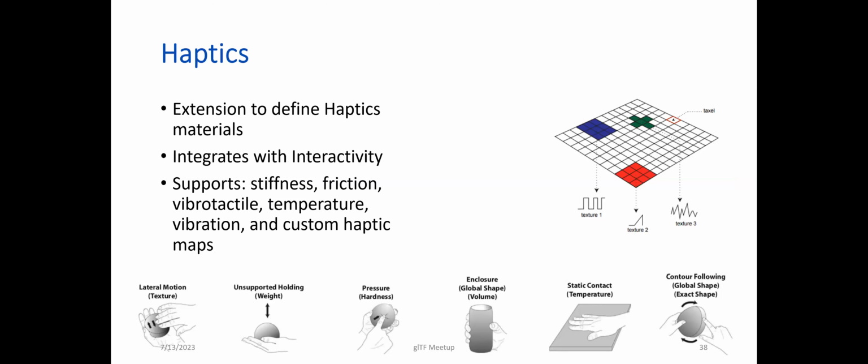And finally, haptics is another extension that allows us to support rich haptics experience with a wide range of haptics actions or haptics features like stiffness, friction, temperature, and so on. Of course, hopefully devices that support all of these different haptics features will be available in the market, but we have support for them, so you can trigger different actions.